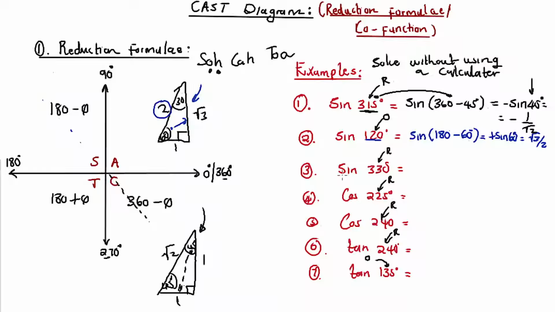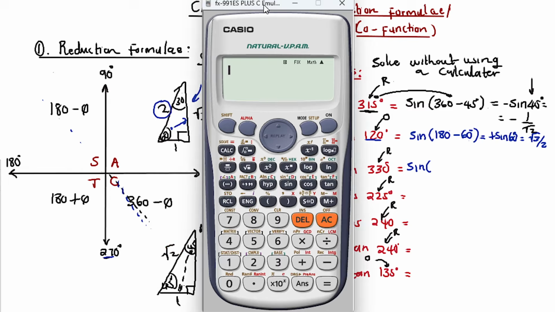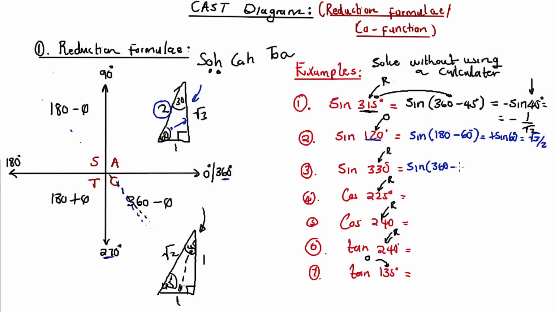Sine 330. 330, where is this located? Where is 330 found? In the fourth quadrant, because it's between 270 and 360. So sine, open bracket, we want to write the 330 as a reduction formula, right? So it's going to be 360 minus 330. Answer, 30 degrees. So it's 360 minus 30. 330 has been written as a reduction formula, 360 minus 30.